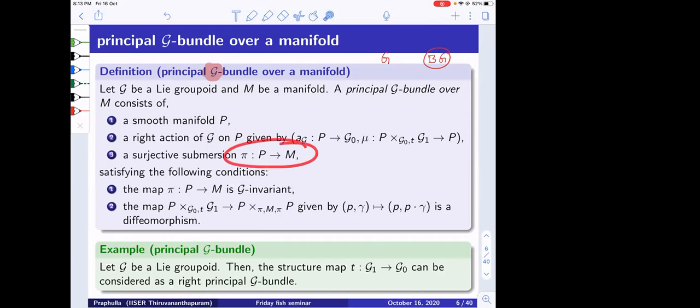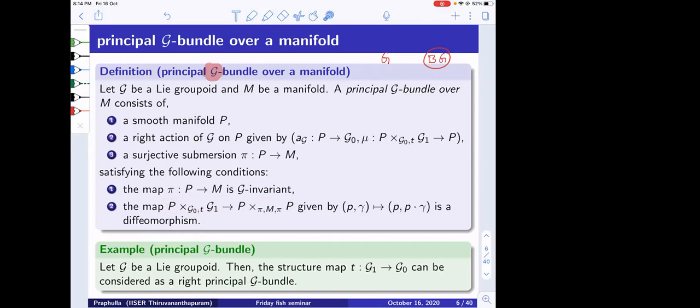this map pi is G invariant. That's because there is only an action of G on P, not on M. So I want the map pi to be G invariant, and the other condition is this map P cross G1 to P cross P is a diffeomorphism. You might have seen this similar map in the case of Lie groups.